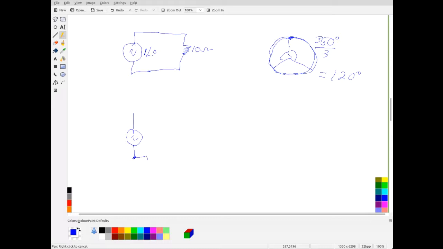All right, so this is going to be a Y system. I'm going to draw it a little bit upside down here. This is my three-phase system, and I'm going to connect this in a Wye connection.